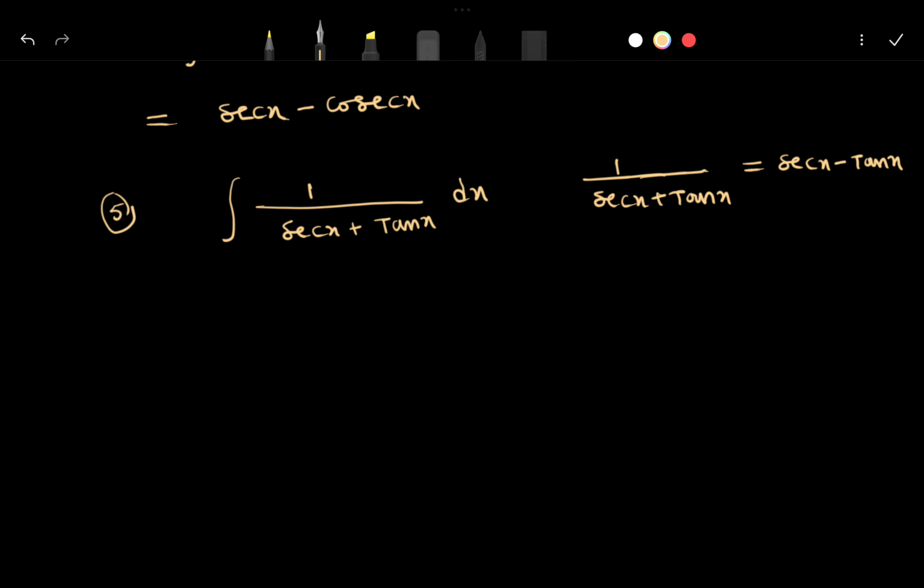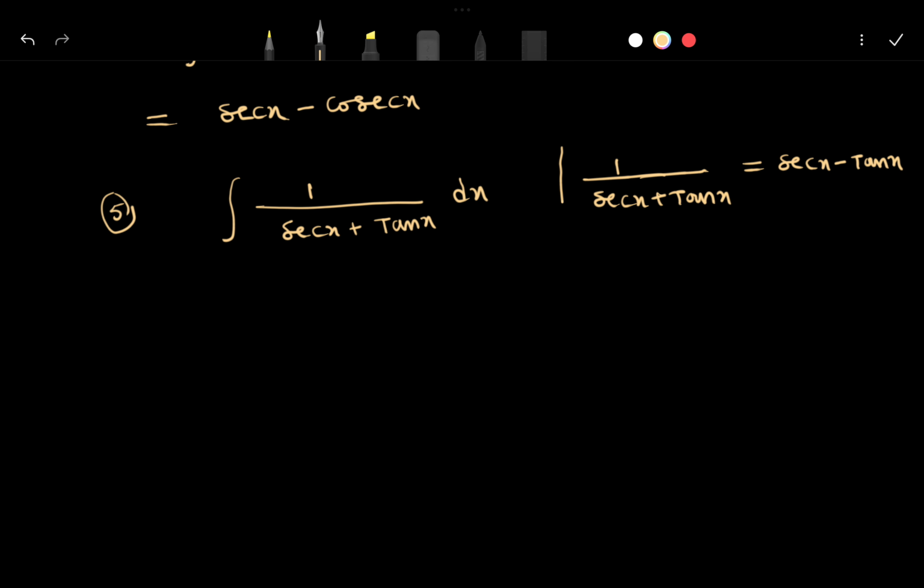I hope everyone knows this formula. By cross multiplying, it becomes secant square x minus tan square x equals 1. Similarly, 1 by secant x minus tan x equals secant x plus tan x.